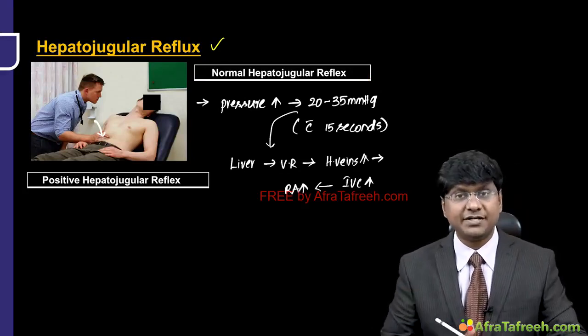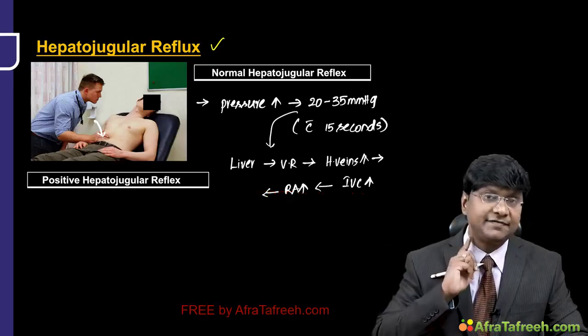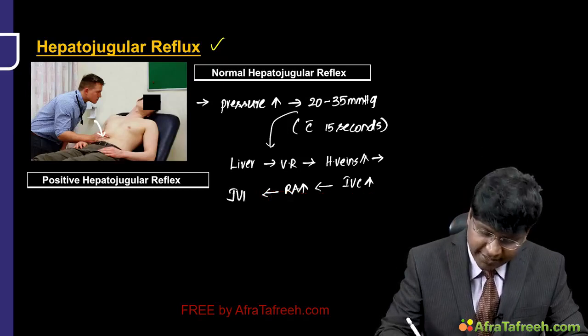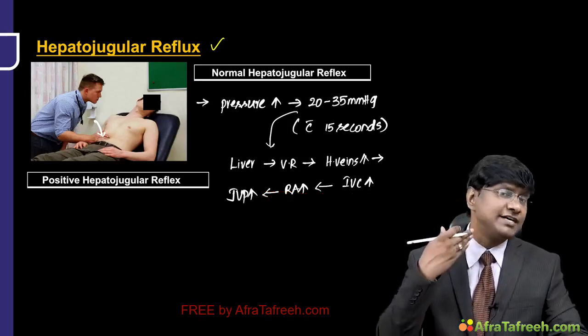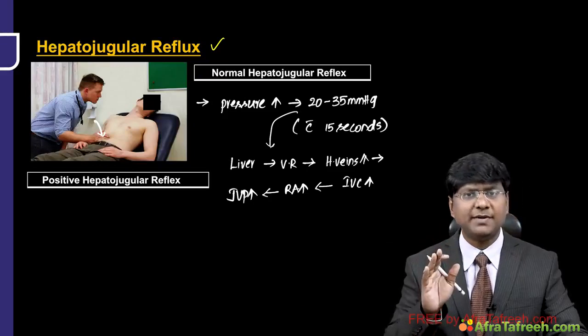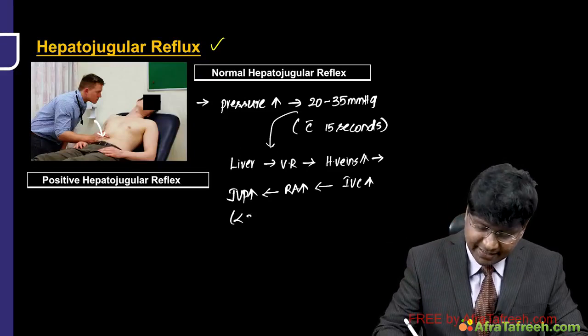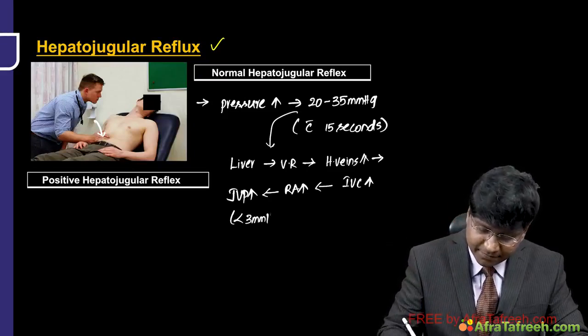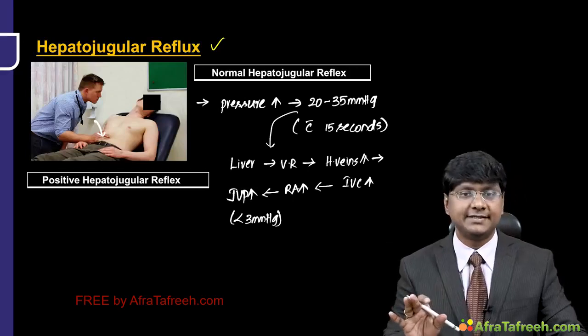So the right atrial pressure is elevated, and that is reflected to the jugular vein, so jugular venous pressure is elevated. How much does the jugular venous pressure rise? Normally the pressure rise will be less than 3 millimeters of mercury, and this pressure rise is transient.